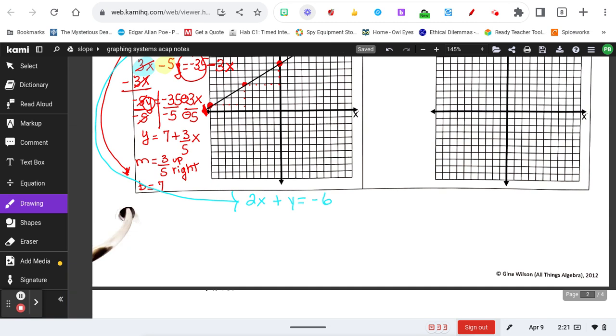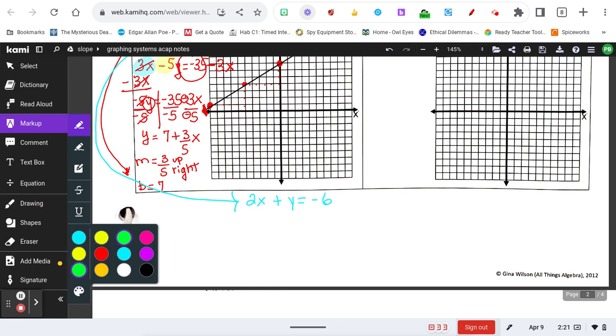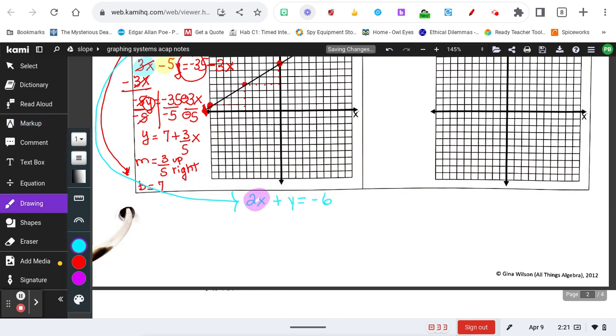So now the only thing I need to get rid of is this positive 2x. To do that, you're just going to remove the entire 2x by changing the sign, making a zero pair. These cancel, and now I'm left with y equals -6 minus 2x.